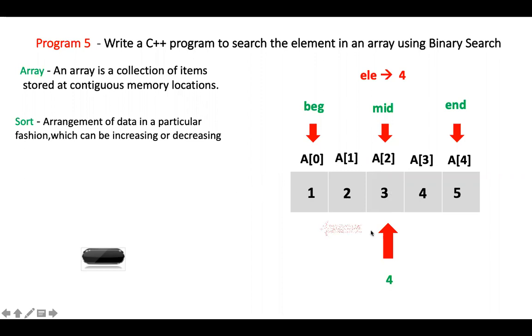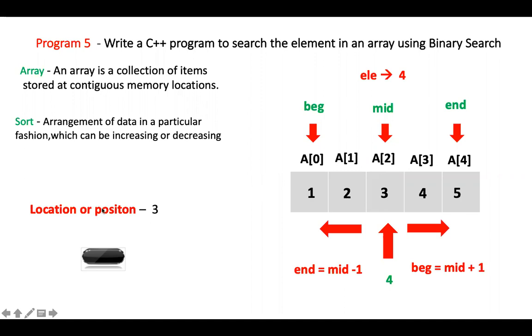If it is not found, it will go to the left hand side by using this command. If not, using this piece of code, it will go to the right hand side and check whether your element is present or not. Then after finding, it will tell us the location or position is 3. Sorry, it's not 3.